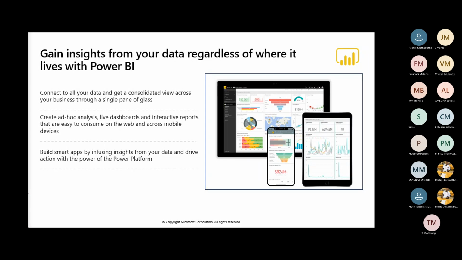And then you can create ad hoc analysis, live broadcast, and interactive reports that are easy to consume on the web and across mobile devices. And then you can build smart apps by infusing insight from your data and drive actions.